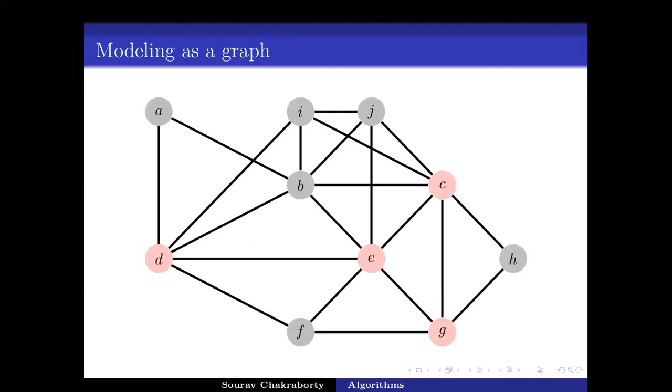This is an example, and these pink colored vertices are the mobile towers. There are edges between two vertices if they are within 1 kilometer.